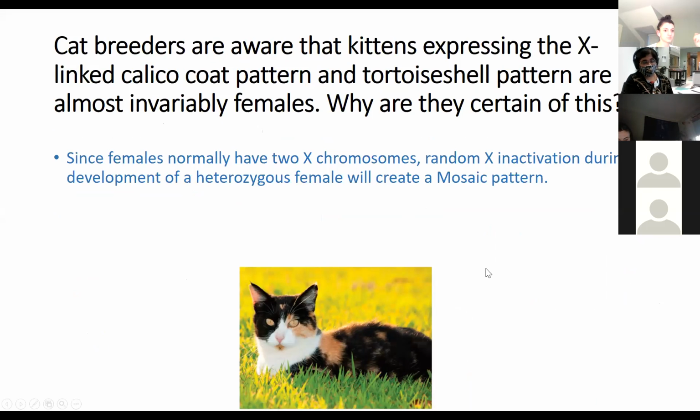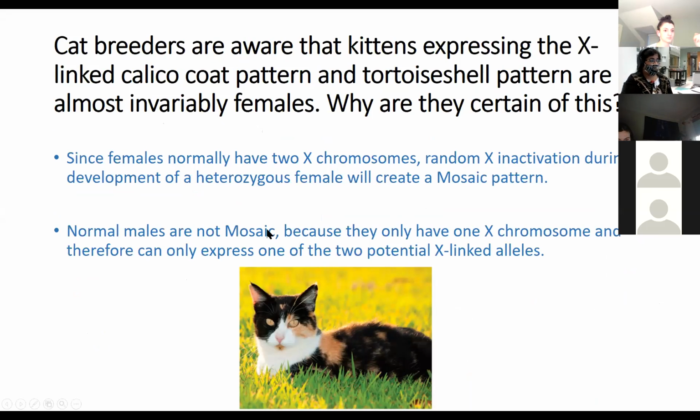Females are the only ones with two X chromosomes, right? So this mosaic pattern would end up with a random inactivation part. Males don't show it because they only express one of the potential X-linked alleles. That's why you don't see it in males as often as you would see it in females. Does that make sense?